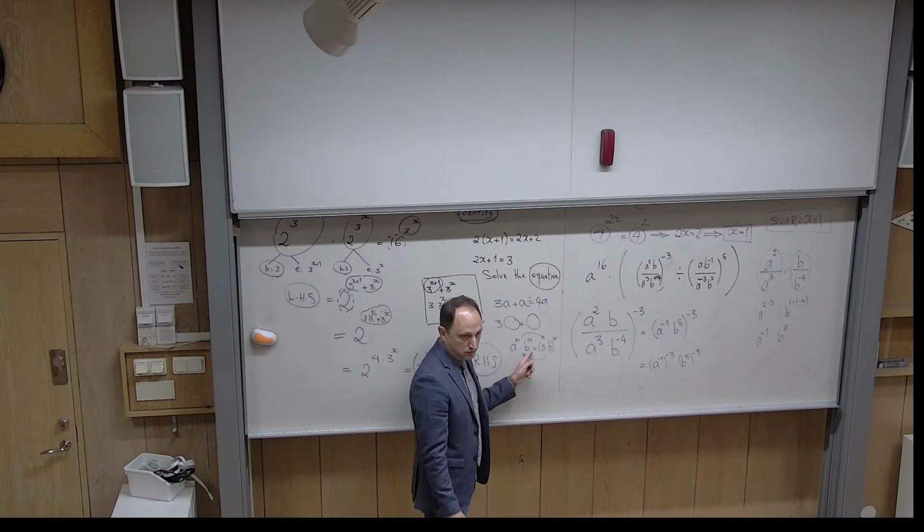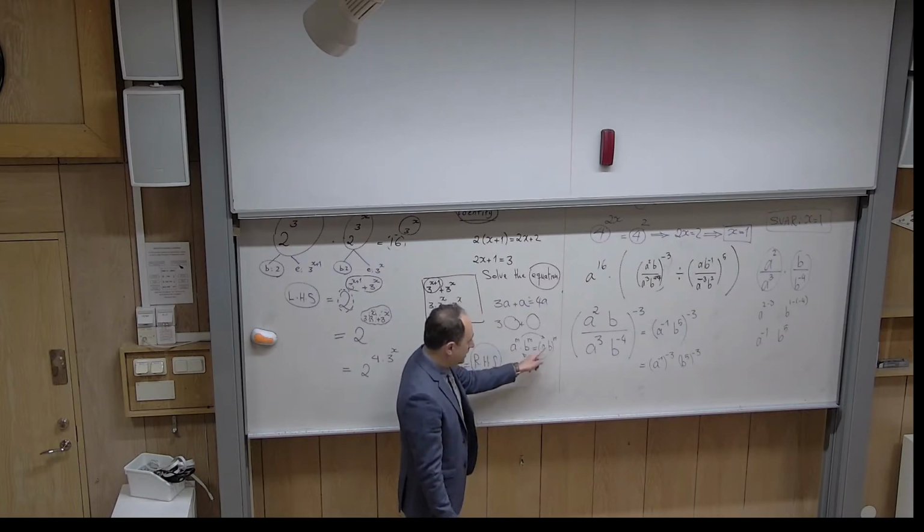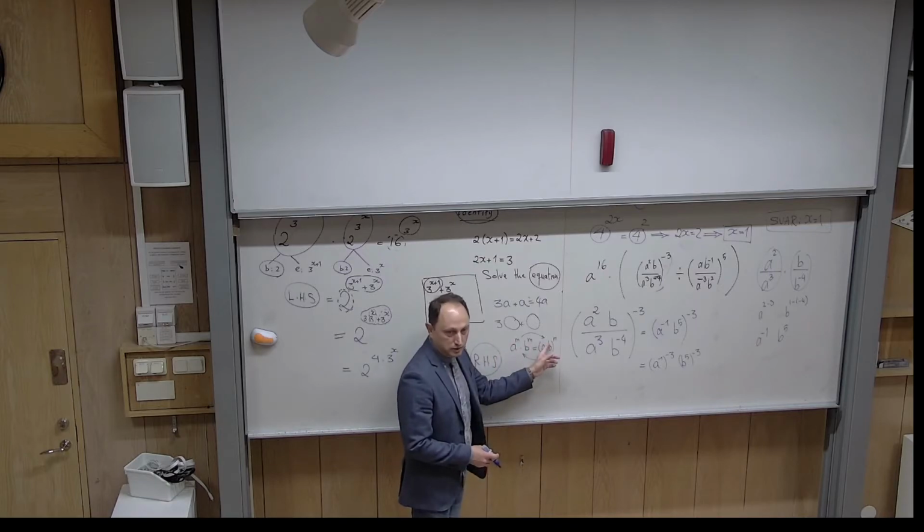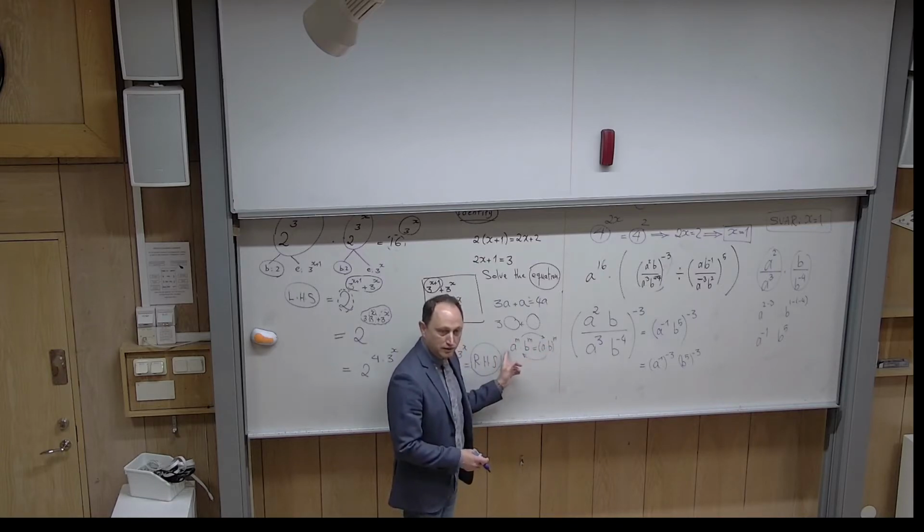Do you understand that this is this rule? Yes or no? If you have a product, you need to improve this skill to read this formula. From left to right, it tells you that if you have two powers with the same exponent, you multiply the bases and put the exponent. How do you read it from right to left? Can anyone read it for me?